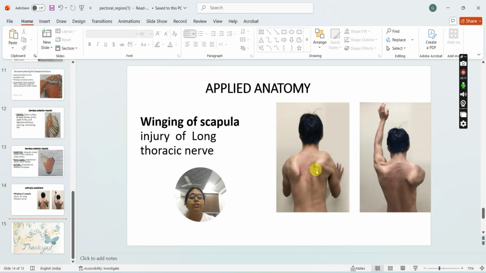This condition is called winging of scapula. See, this is the normal side, no issues. But here you can see it becomes unduly prominent because on this side the serratus anterior is damaged.